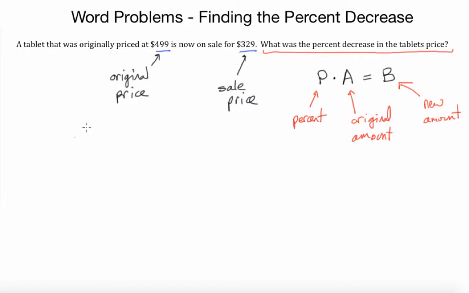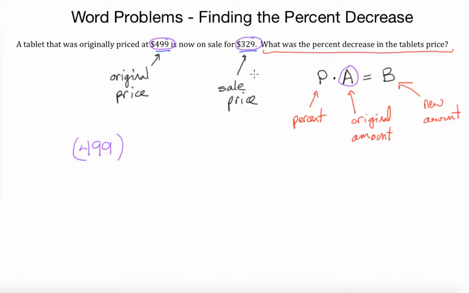So let's take a look at this problem and try to translate what we have here into this similar problem. $499 is my original price, so I'm going to put that in for A, the original amount. I know the sale price is $329.